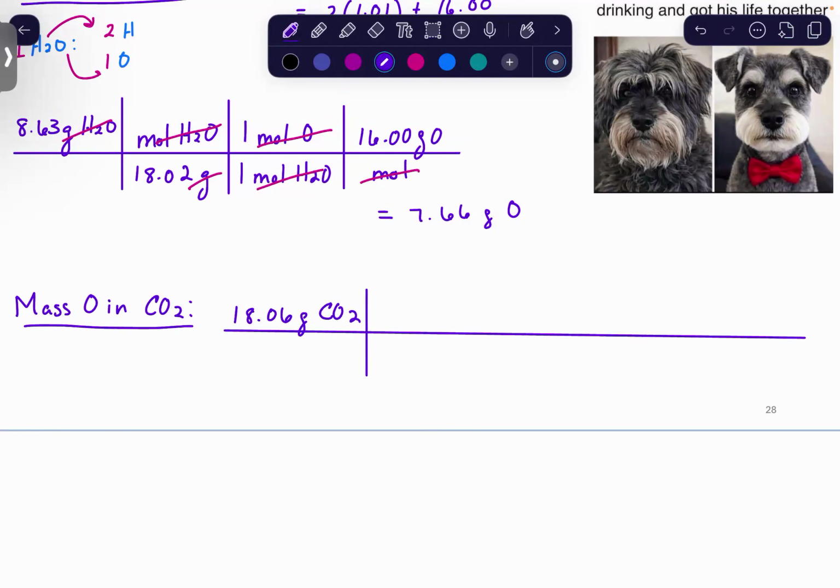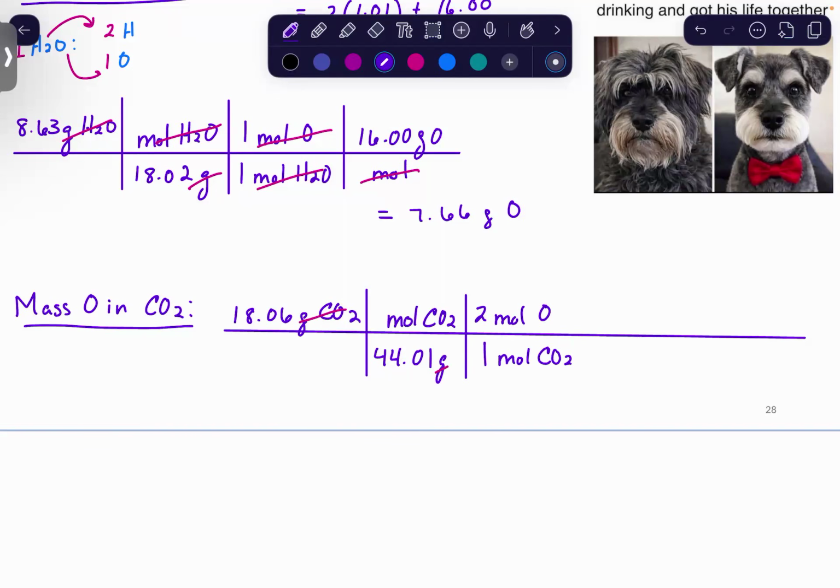Now I need to turn this into moles: 44.01 grams per mole of CO2. Grams cancels out. Now in CO2, this time you see for every 1 mole of CO2, there's 2 moles of oxygen. And again, that's just because of that subscript 2 on the oxygen.